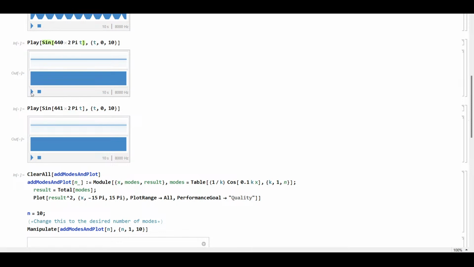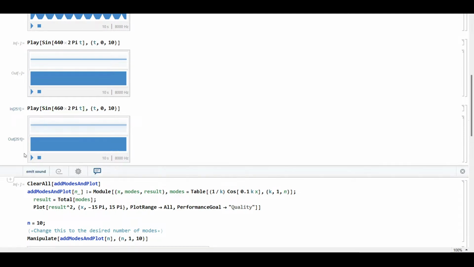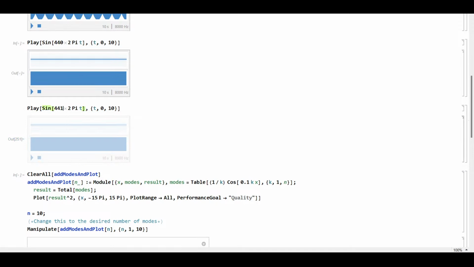But if I change the frequency to something really high, let's say 460, then you will see the difference. Now you can make out between 440 and 460. But between 440 and 441, human ears cannot really distinguish that much.